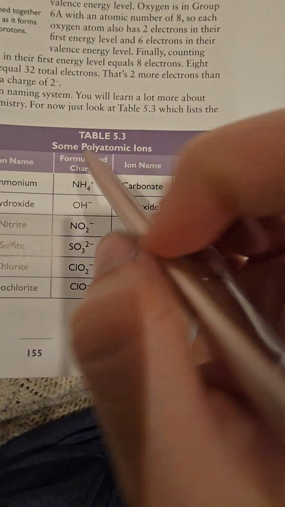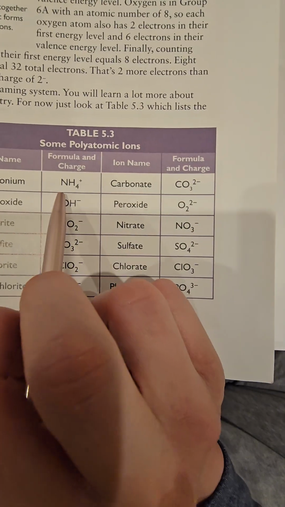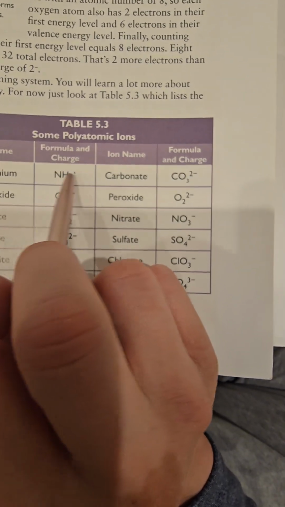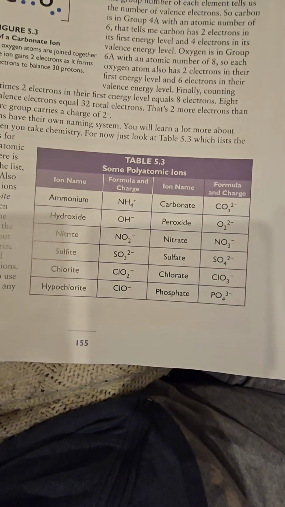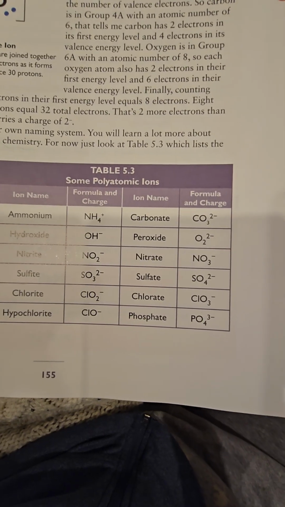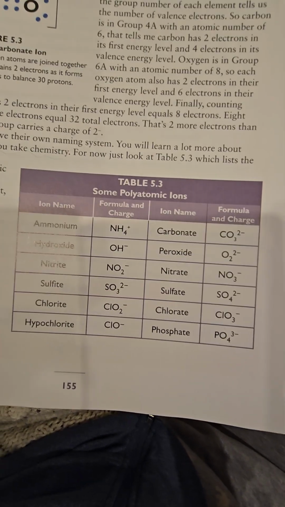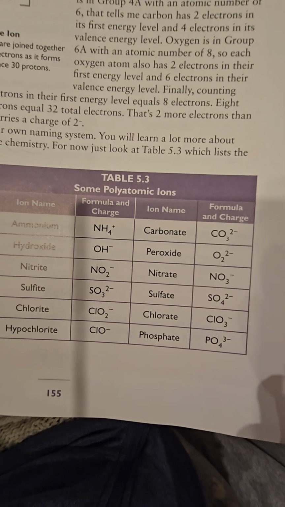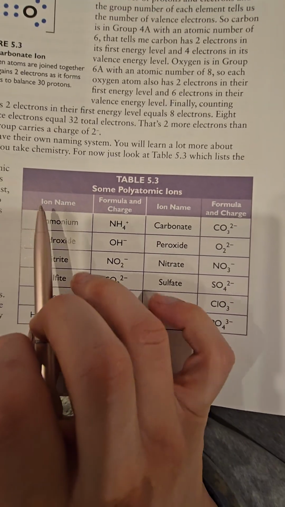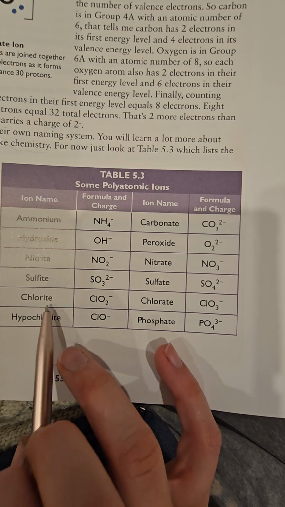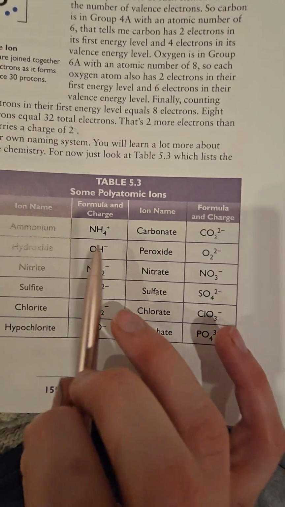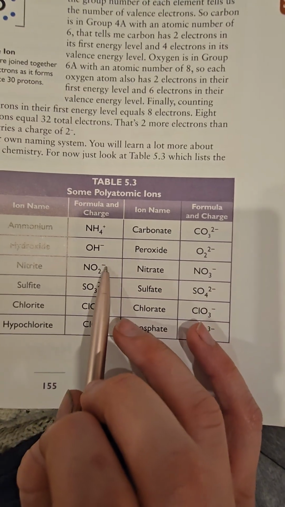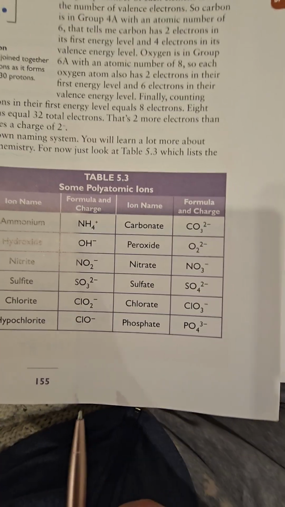What we haven't seen necessarily is it being two elements together with a charge. We haven't seen that yet, but these do exist, and they exist so often that scientists gave them their own names because they group like this and bond together and give off charges.